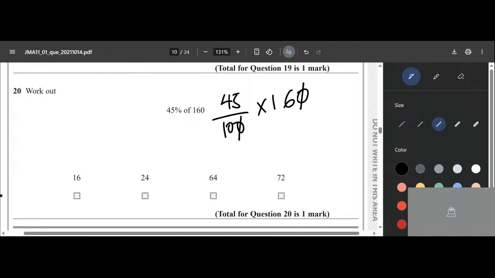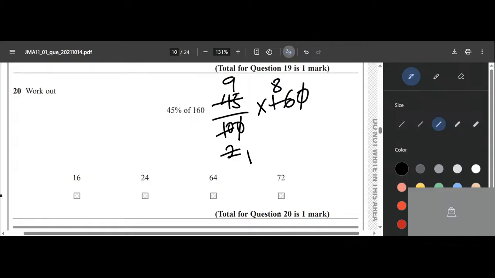Which number can divide here? 5 can divide here twice, and 5 can go here 9 times. 2 can divide here 1, and 2 can divide here 8 times. So I'm left with 9 times 8. So 9 times 8, it is 72.